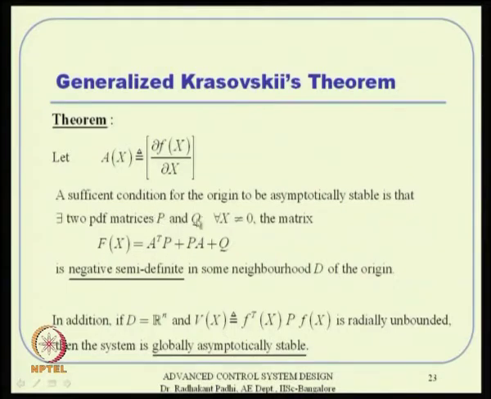You select P and Q, two positive definite matrices, and then construct this f of x, and then you make sure that f of x is not really negative definite, but it is negative semi definite. Okay. So, not only does it give you the freedom of selecting P and Q, and hence a lot of freedom of constructing this f of x, but it also tells you that f of x needs to be only negative semi definite.